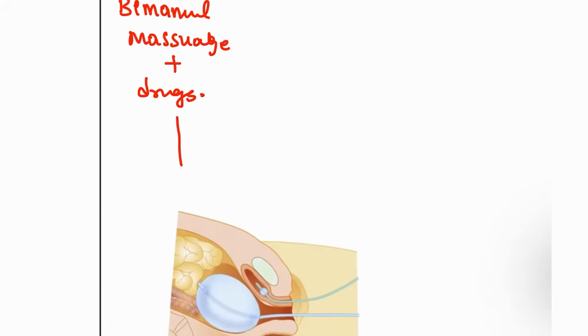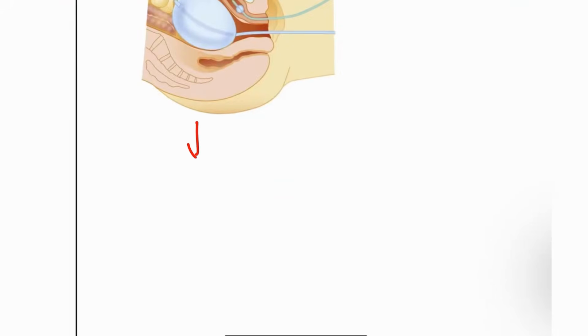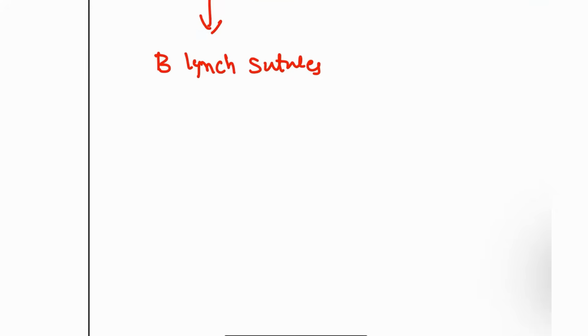If it is still not controlling, then you have to insert this one. This is known as a Bakri balloon catheter. And even if it is also not controlling, then we can go for the surgical sutures. For example, B-Lynch sutures will be done commonly.